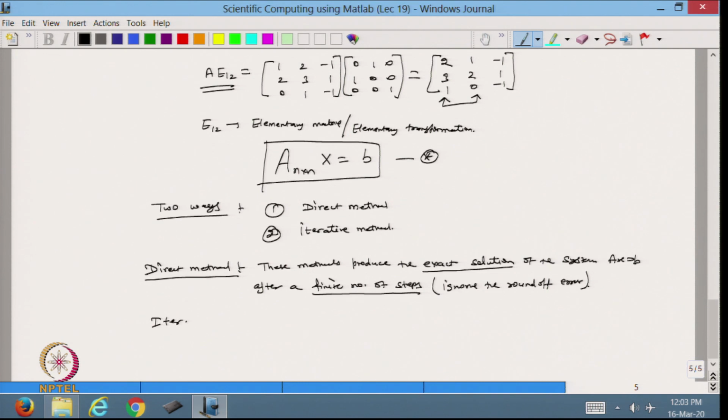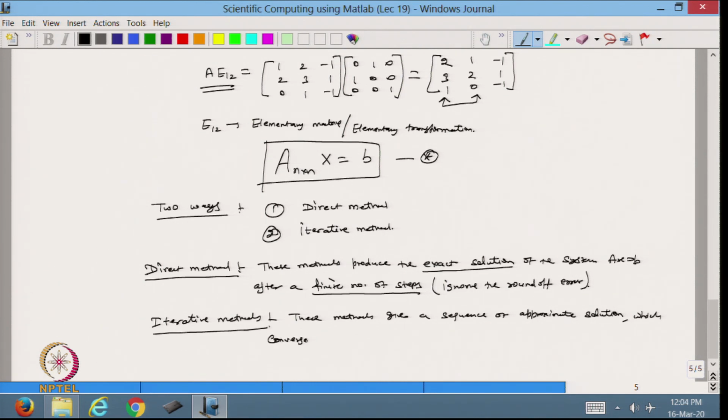And what about the iterative method? These methods give a sequence of approximate solutions which converges when the number of steps tends to infinity.